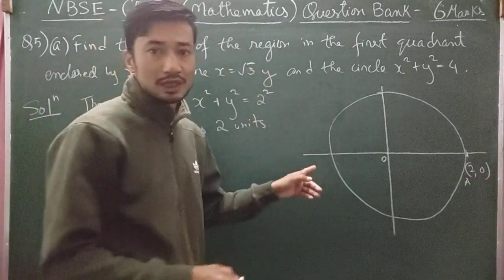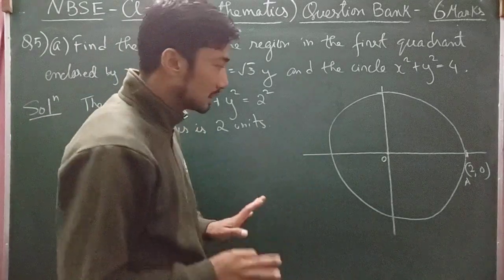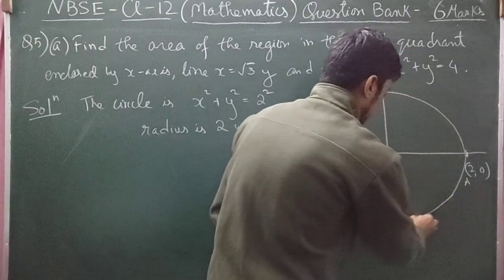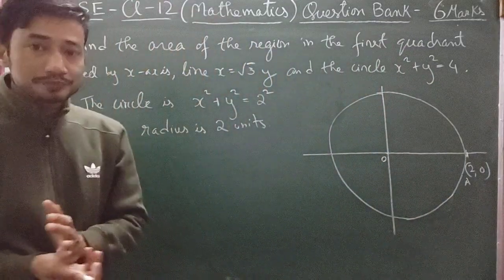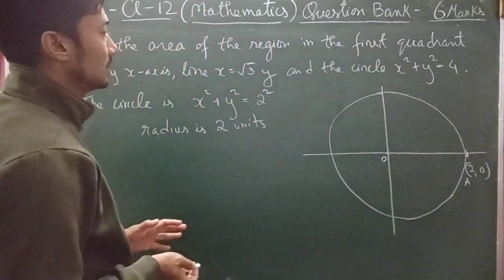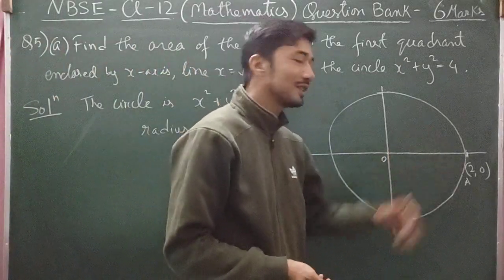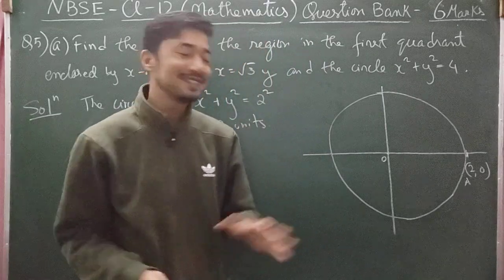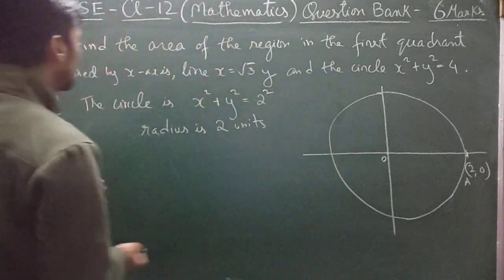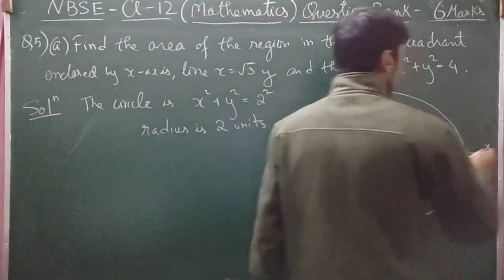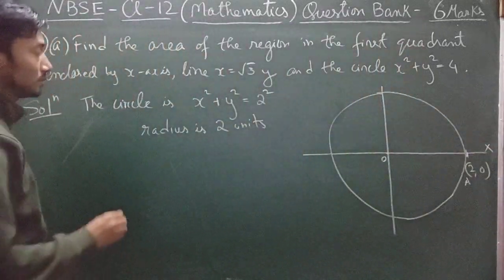Please excuse my circle, it looks terrible, but it doesn't matter. It says only the first quadrant, so at least there it looks like a circle. It is enclosed by the x-axis and the line x equal to root 3 y.